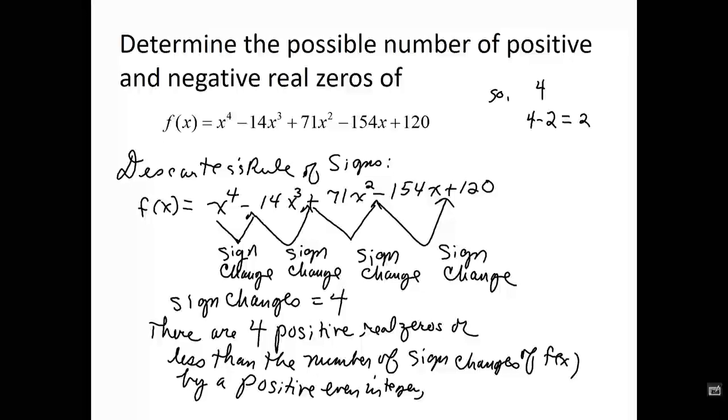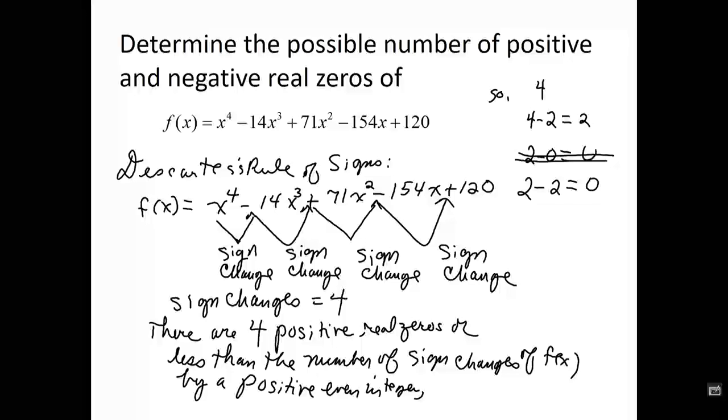And I can go one more step: 2 minus 2, again reducing it by a positive even integer 2, I get 0.